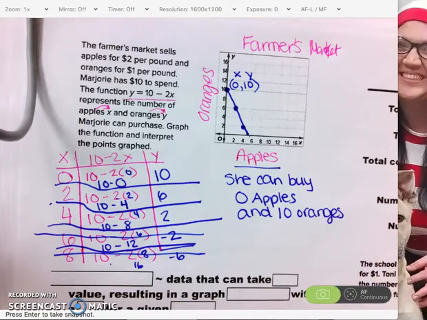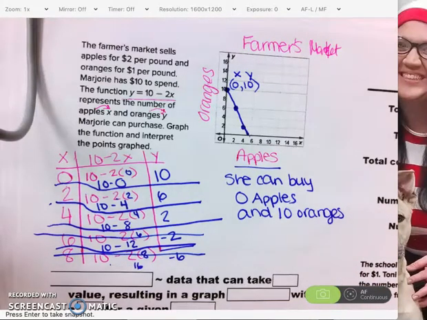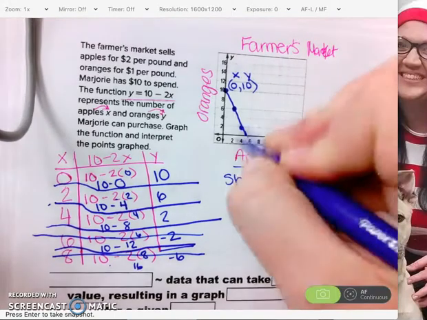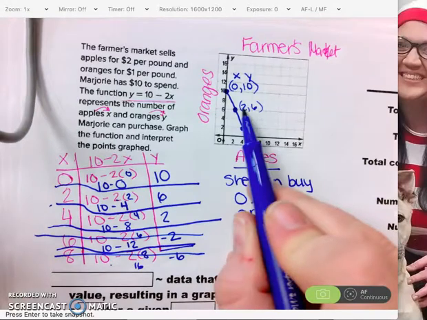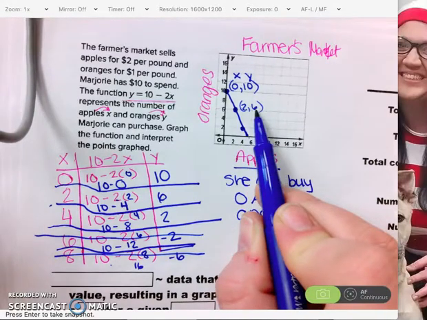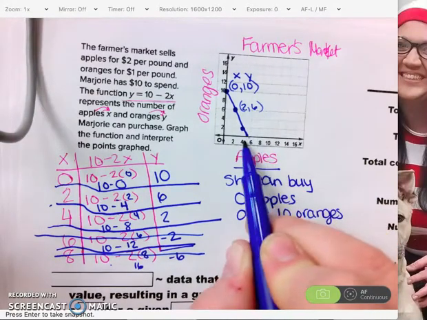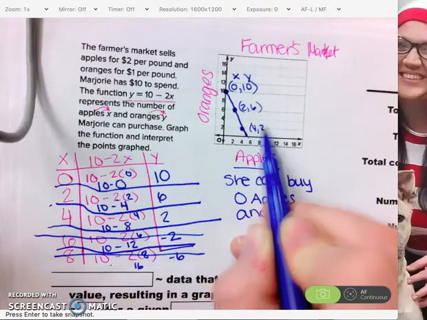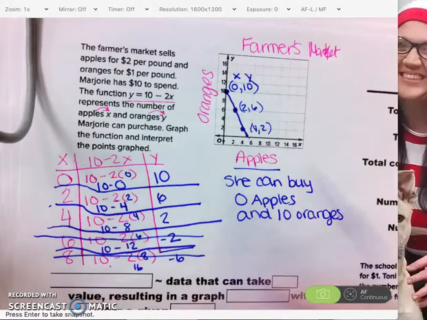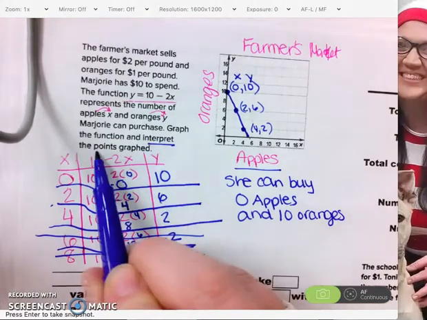Or she can buy 10 oranges if she buys no apples. So this point here would be 2, 6. She can buy 2 apples and 6 oranges. 4 apples, 2 oranges. That would be interpreting the points on the graph.